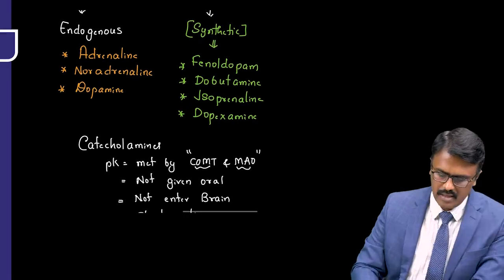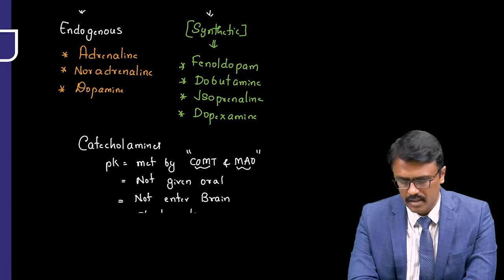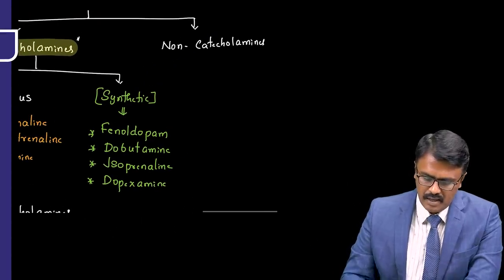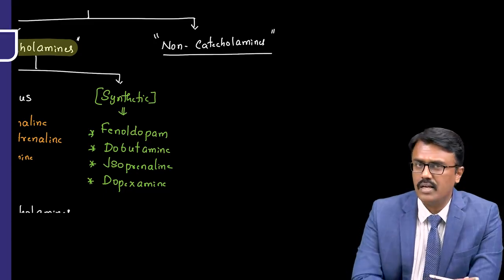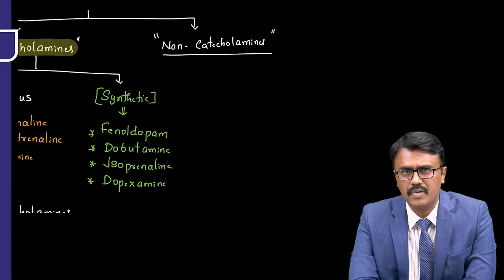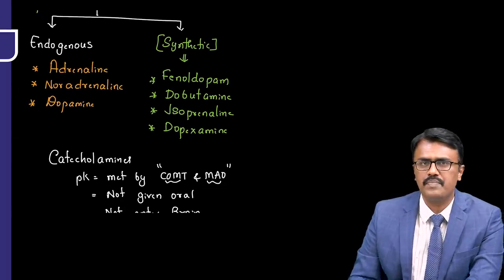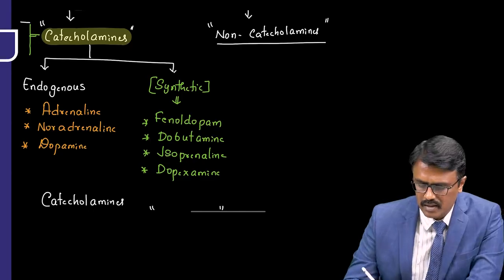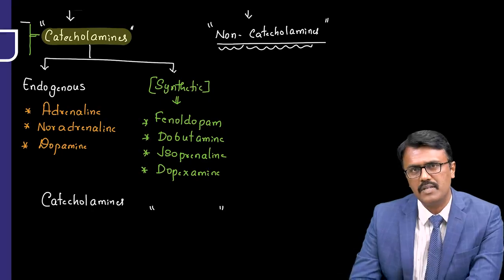Check the drugs again: adrenaline, noradrenaline, dopamine, fenoldopam, dobutamine, isoprenaline, dopexamine. Later I will discuss the non-catecholamines; you can give them orally also, and we have synthesized them. Whatever catecholamines we have, we will discuss first, and then come to the non-catecholamines and other important aspects later. Okay, shall we start? Yes.